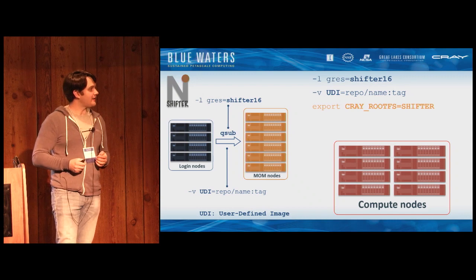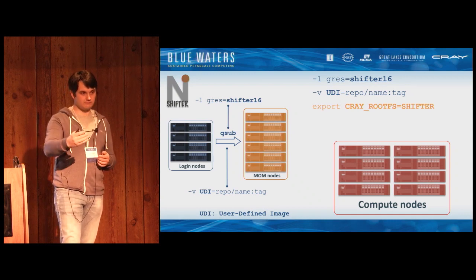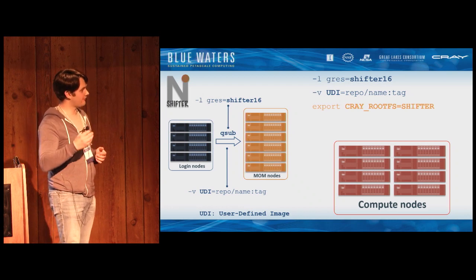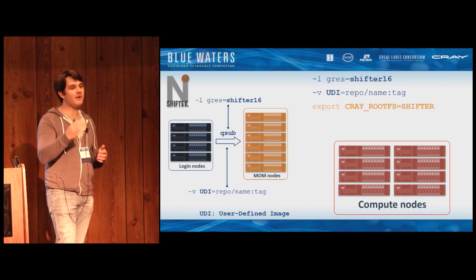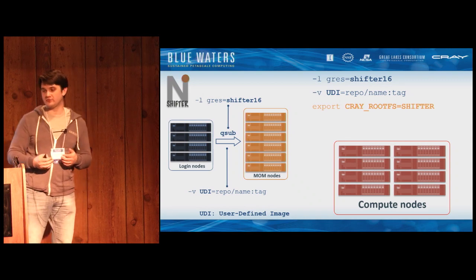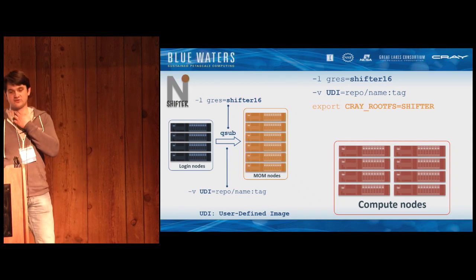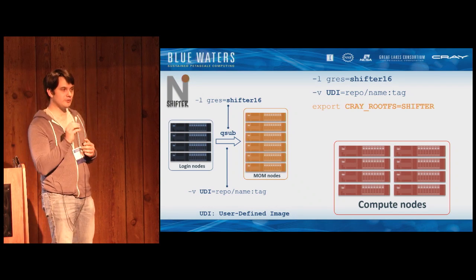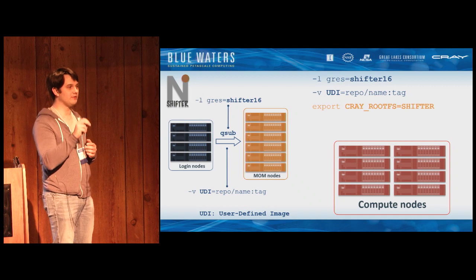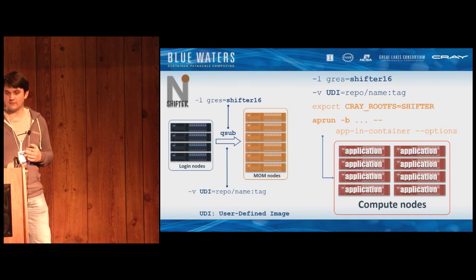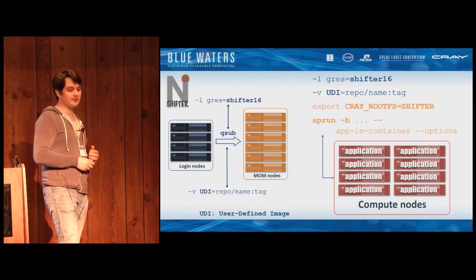As soon as we do that and our job gets through the queue, on a mom node, we have to execute export CRAY_ROOTFS=SHIFTER. So that means that whatever we do next with ap-run will be executed within a container.